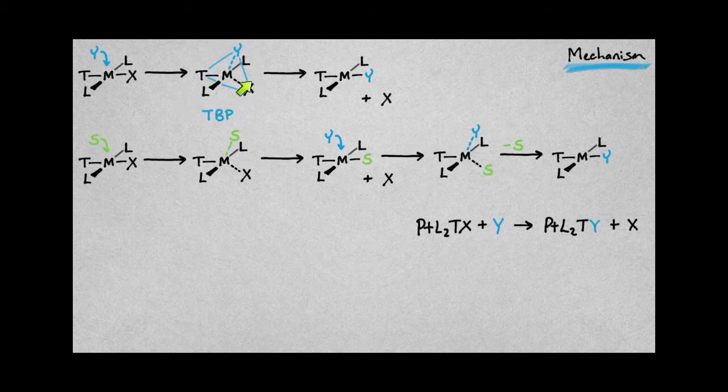Of course, we're not showing the intermediate that's formed as we write out this reaction pathway. So this would be a one-step mechanism.